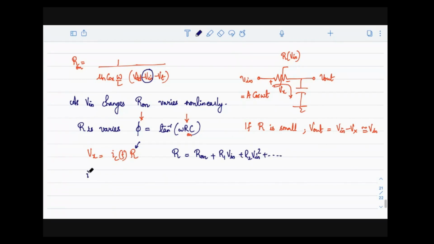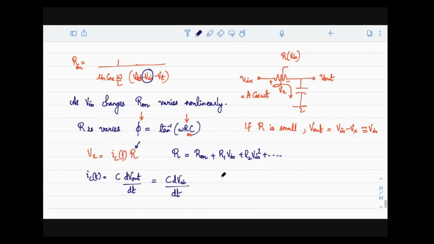Now, if I write what is IC of t? The current through the capacitor. So I can write it as C into dV out, which is the voltage across the capacitor, by dt. Now, if I am neglecting the drop across the resistance, I will write this as C into dV in by dt.